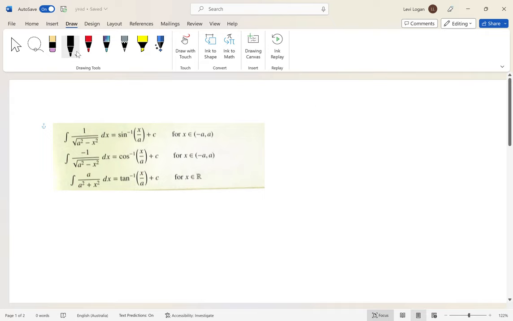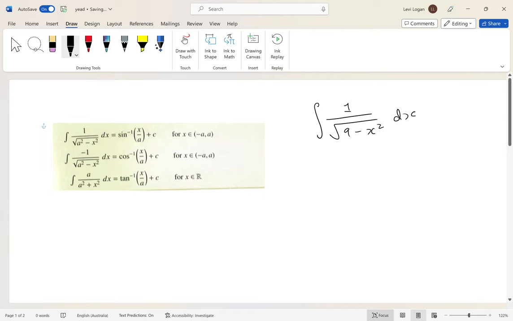If you have the integral of 1 over the square root of 9 minus x squared dx, when you integrate this it will give you a sine inverse integral, because it takes the form of this. To solve this, we've got to know what our a value is.